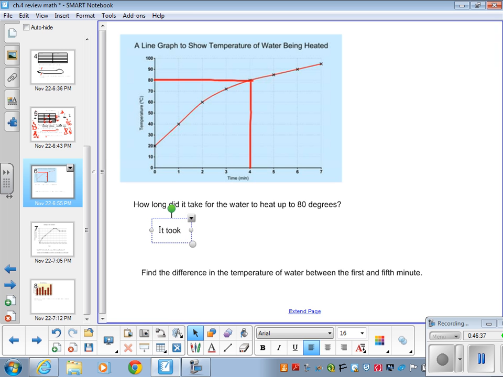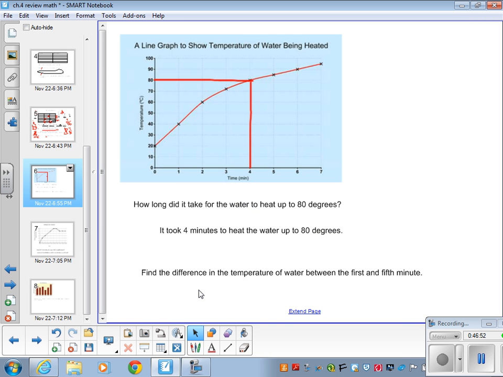It took 4 minutes to heat the water up to 80 degrees. Again, you don't need to write this complete sentence because in math, they just want the answer. But showing this and then writing your answer 4 minutes, this is the work that shows me how you got it. So I know that you understand, and you'd get full credit.